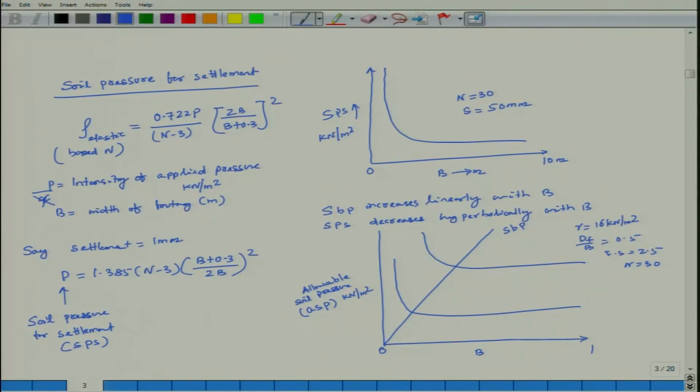So, this is for considering settlement of 25 mm. 25 mm is as per our IS code requirement, that is your permissible settlement for normal building. For other buildings, multi-stories, permissible settlement is your S is equal to 50 mm, sorry, rho is equal to 50 mm.